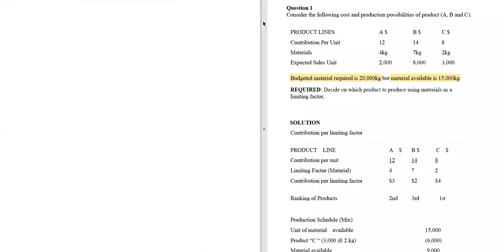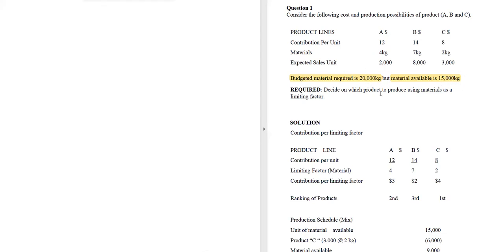In this session, we look at a question on limiting factor decisions. We have been given a question: consider the following cost and production possibilities of products A, B, and C. It says we have a budgeted material requirement of 20,000, but what is available is 15,000, meaning there's a shortage.